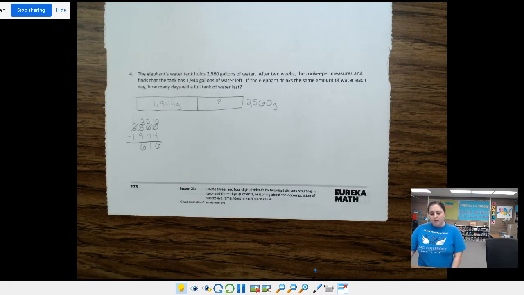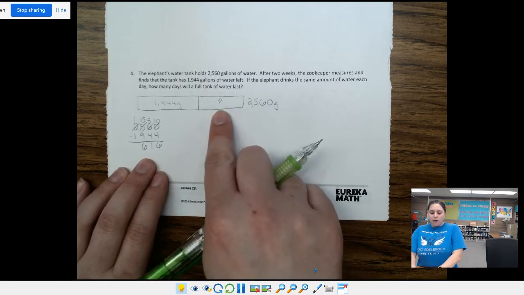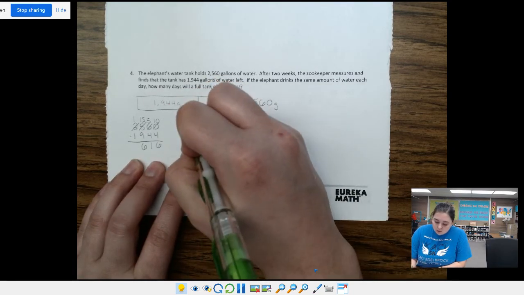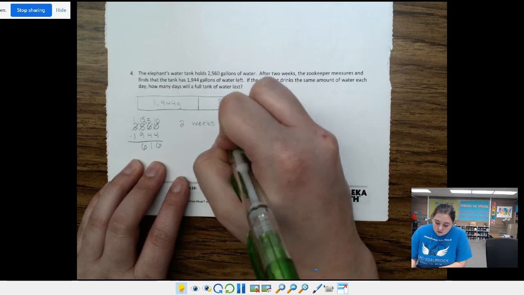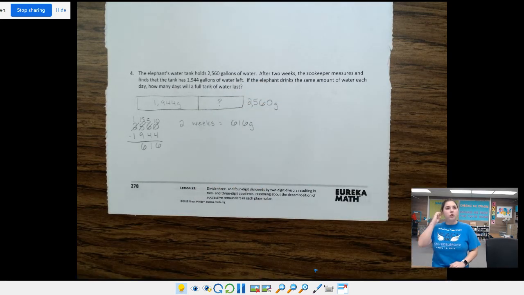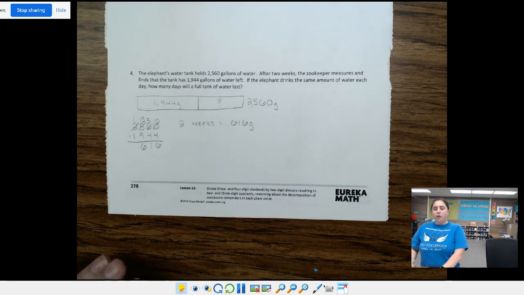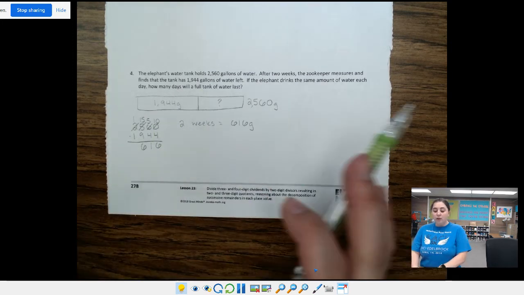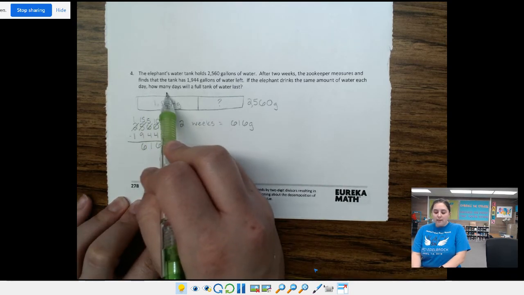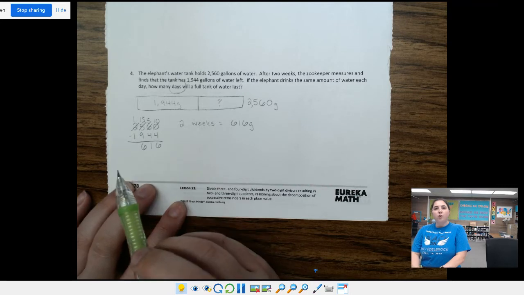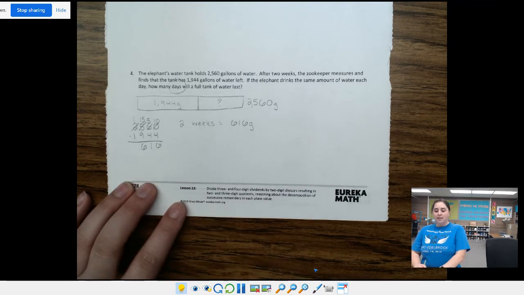So, how much water did they drink in 2 weeks? So 2 weeks equals 616 gallons of water drank. But that's not what they want to know. The question is, if they're drinking the same amount each day, how many days, not weeks, how many days will a full tank of water last?